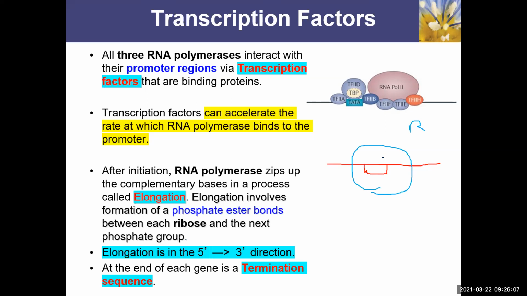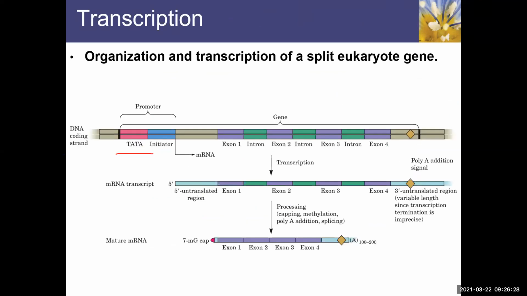Okay. So what happens? Before the RNA polymerase can bind to the DNA to start the transcription, the transcription factors bind to the promoters first. That means if this is the promoter area, this area is first of all identified by the transcription factors, because I just now told you that RNA polymerase has very little affinity for the promoter area.